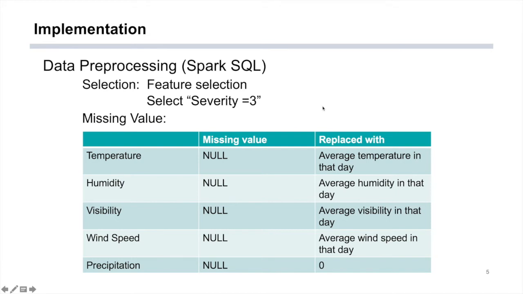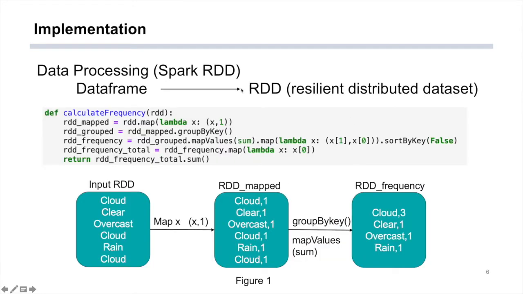There are some missing values in the fields: temperature, humidity, visibility, wind speed, and precipitation. For the first four, we replace the null value with the average value of that day, and the last one, precipitation, we replace by 0. Then we convert the Spark DataFrame to a Spark RDD to do data processing.